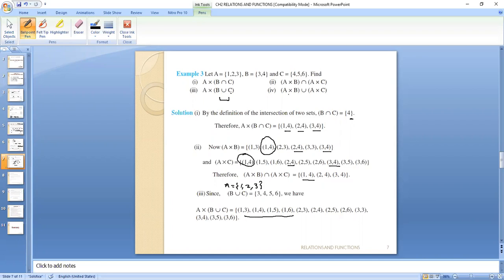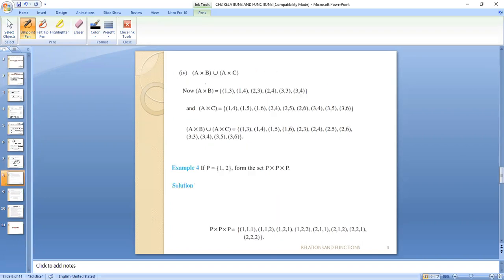Then the fourth is to find A cross B union A cross C. A cross B and A cross C you have already found in part 2. You know both, so you have to find the union only. First you write all the elements of A cross B, then all the elements of A cross C, then you take their union.